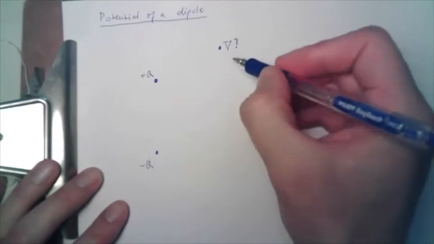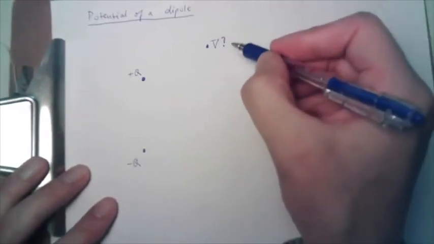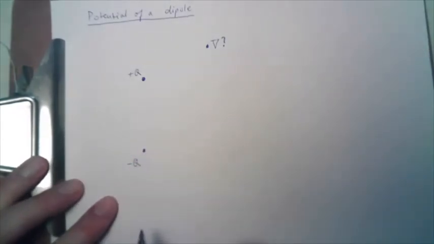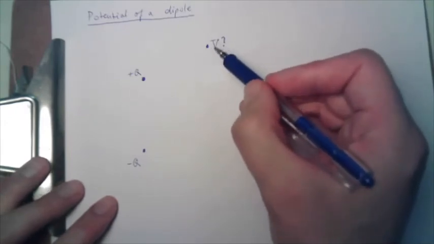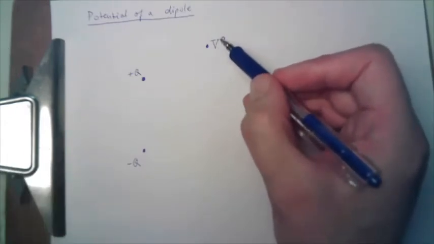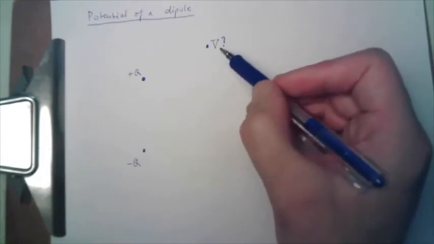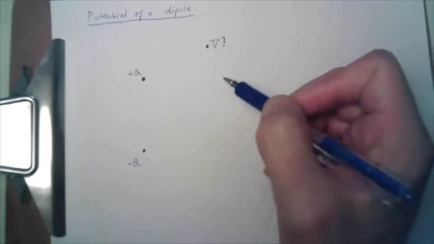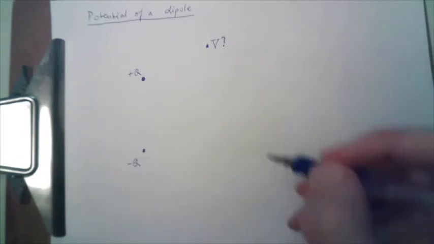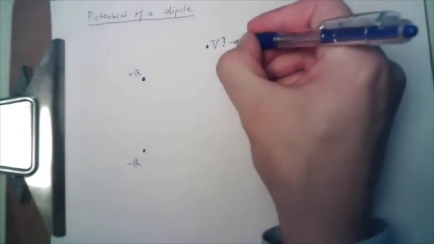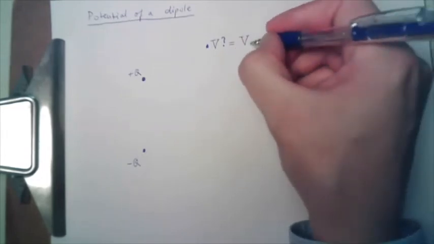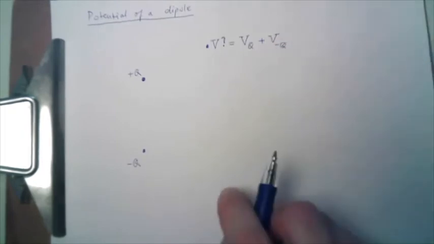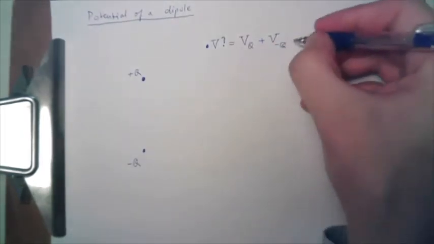So the potential at this position will be the potential due to this charge and the potential due to this charge, and we're going to write it as an absolute potential, not as a potential difference, using again the convenience that we can always get to differences by just taking this voltage and subtracting two values for two different points in space, and then you'll have a potential difference. So there is V of Q plus V of minus Q. So I didn't really do anything, I just said the obvious.